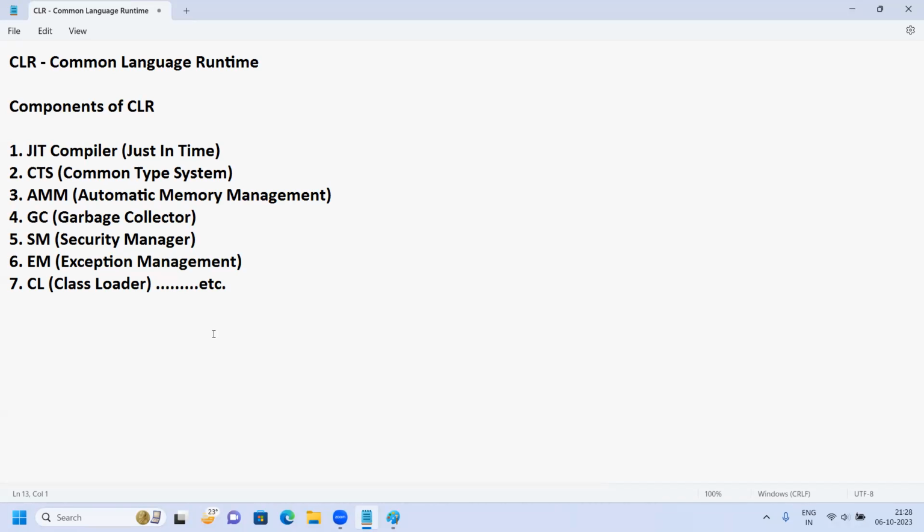Just I'm saying that in C++ programming, whenever as a programmer we require memory, and whenever we want to deallocate the memory once the task is completed, in C++, memory allocation and deallocation was a manual approach.